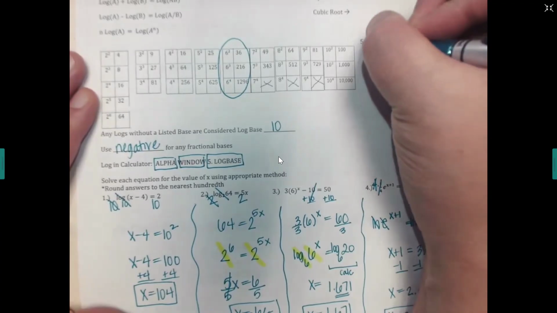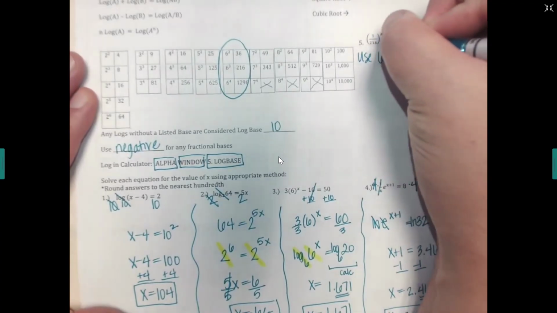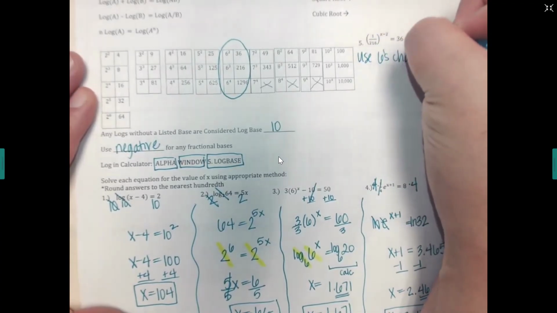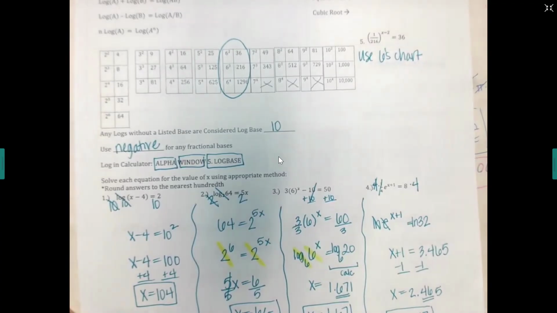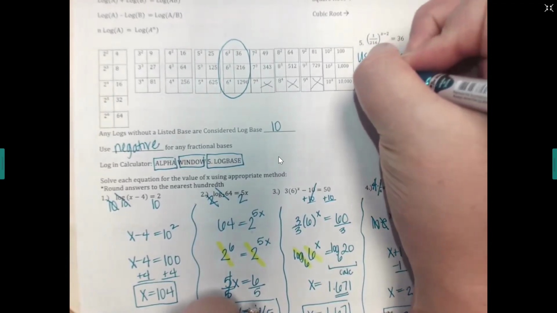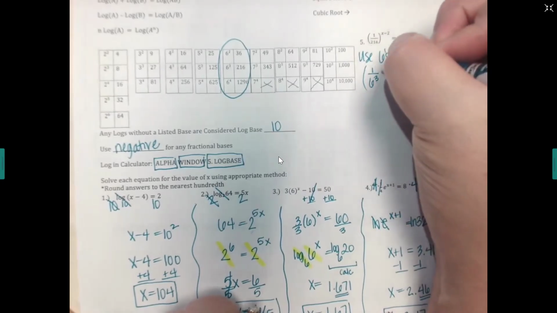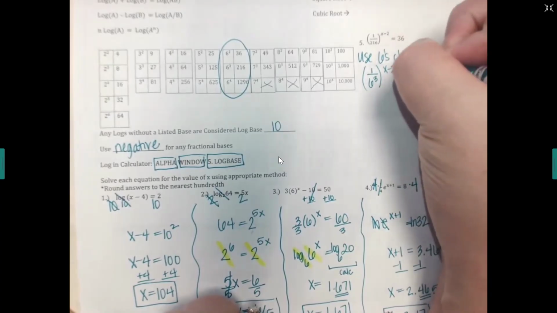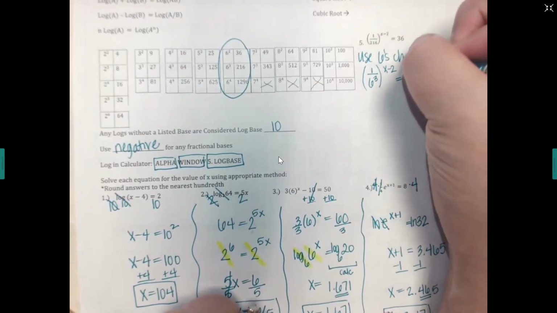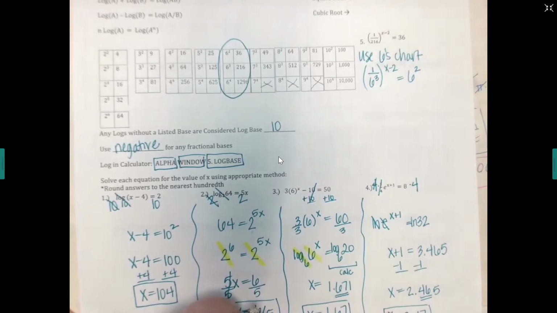So I'm going to use the 6's chart so that they're both in the same one. Okay? So my 216 is going to turn into a 6 to the 3. Remember that your old base is going to still be there. My 36 is going to go to a 6 to the 2.